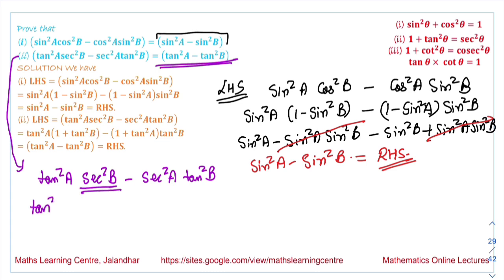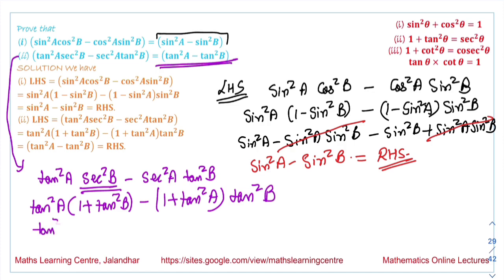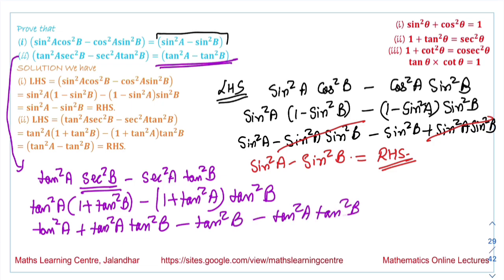So it becomes tan square A into 1 plus tan square B minus 1 plus tan square A into tan square B. So we get tan square A plus tan square A tan square B minus tan square B minus tan square A into tan square B. These two terms get cancelled and the value we are left with is equal to RHS. So we are saying LHS is equal to RHS.